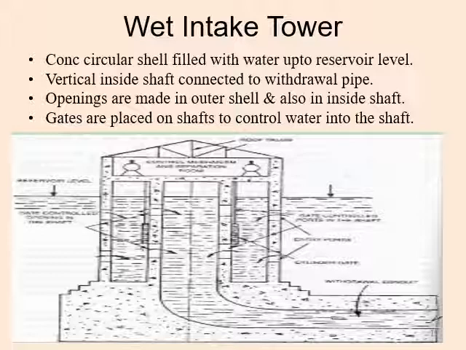Then inside the shell there is a vertical shaft which is actually converting to the vitral conduit or vitral pipe. So after opening of the port which is fitted with the shell, the water will enter into the inside shaft and it will go through the vitral pipe.